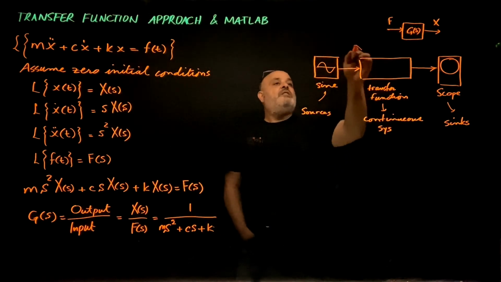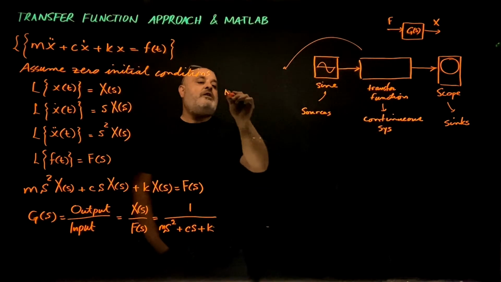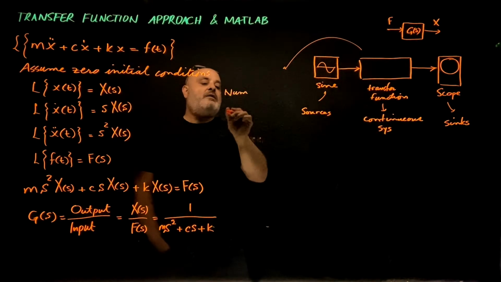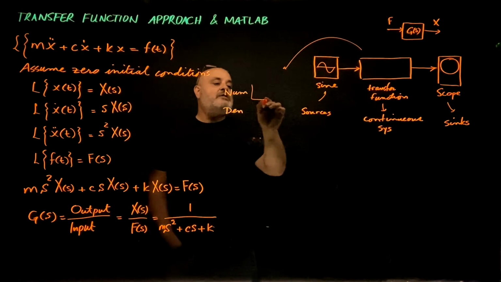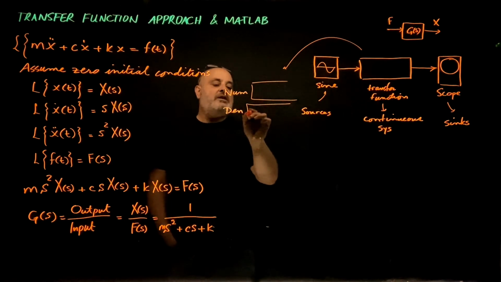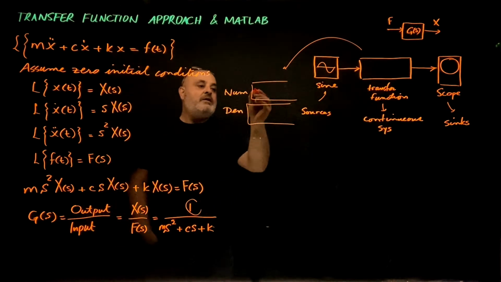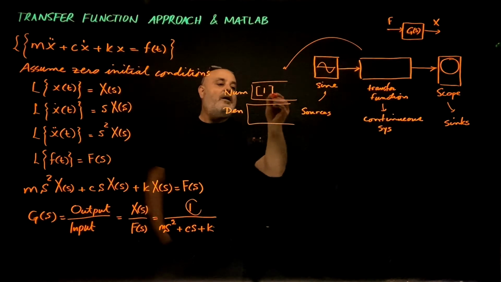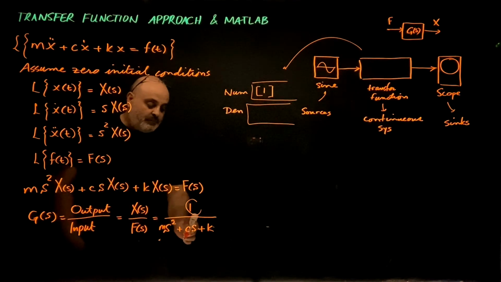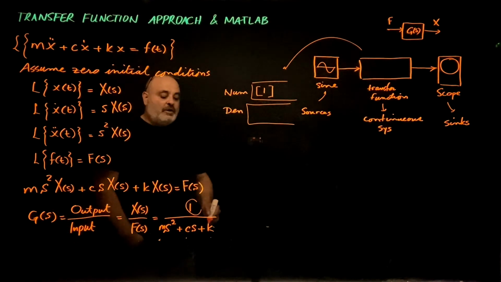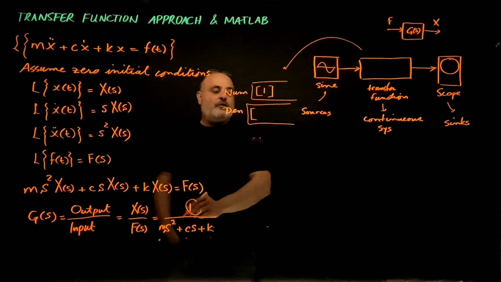Now if you open the dialog box of the transfer function, it will ask you for the numerator and the denominator coefficients. Basically you have a box in here and another box in here. Now the numerator coefficient is 1, and for the denominator the coefficients are m, c, k, in square brackets, with numbers for those.